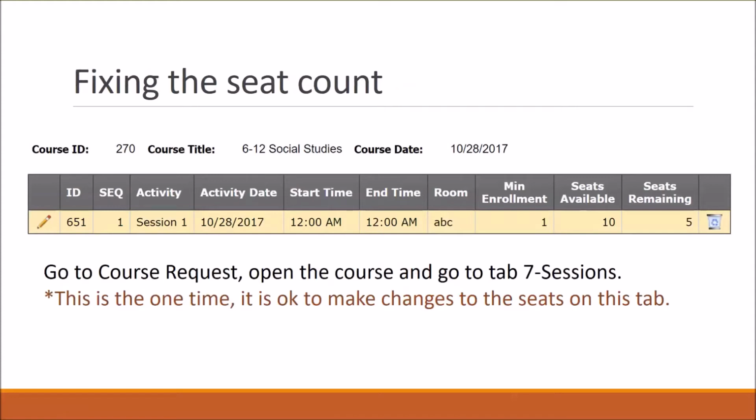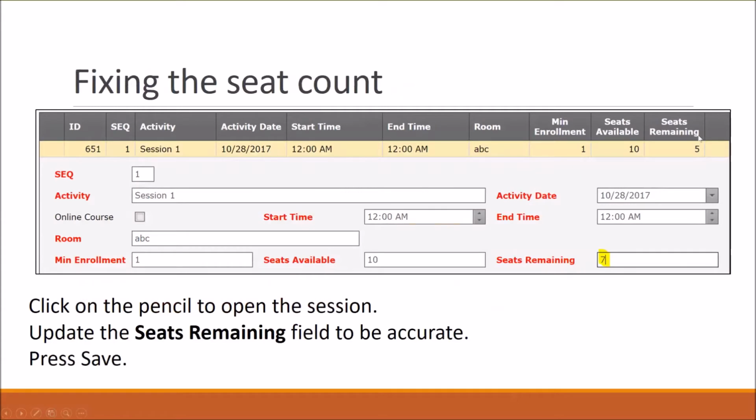We don't like to do this because it can make inaccurate data, but since we have inaccurate data, this is the one time we need to fix it, because we've checked it using our report, so we know what the total should be. We would click on the pencil, open this record, and adjust the 5 and make it 7, so that our math, 10 minus 3 equals 7, not 5. Then we would save our changes.